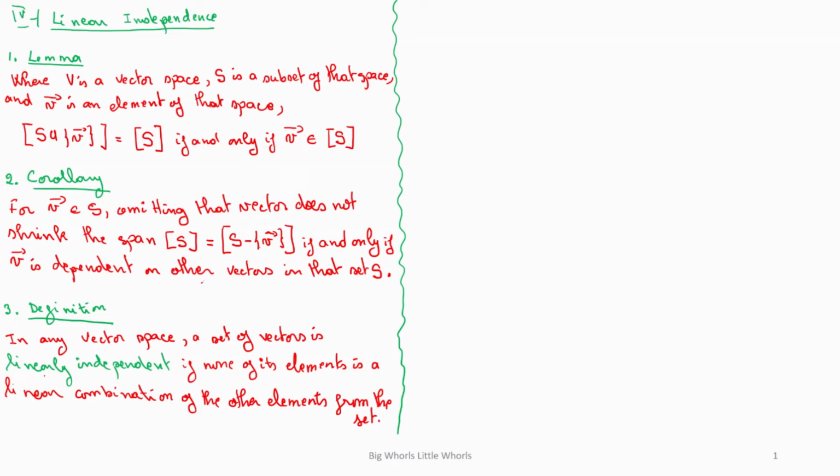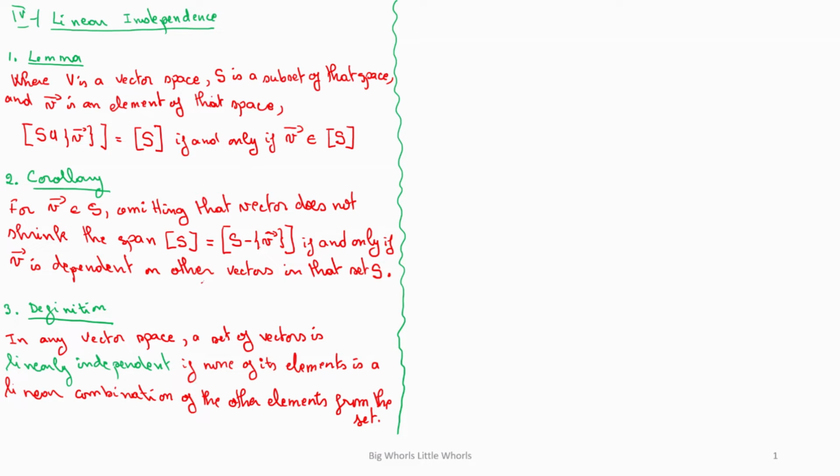Okay, so that is what linear independence means. So if you have a vector space, a set of vectors from that space are said to be independent if we cannot write any vector as a linear combination of the other vectors.